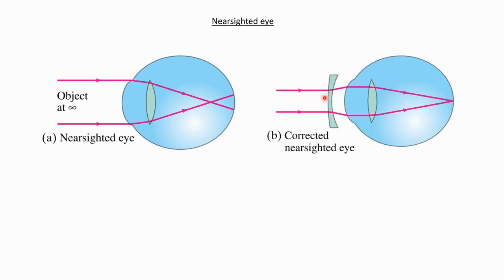So what I do is I get my glasses, which correct my vision. Here they are. And they're this kind of lens, a diverging lens. It takes these parallel rays which come in from something really far away, makes them diverge a little bit, and then the lens does its trick. And then with the combination, the image ends up on my retina and I can see clearly. So to correct nearsightedness, you use a diverging lens like this.